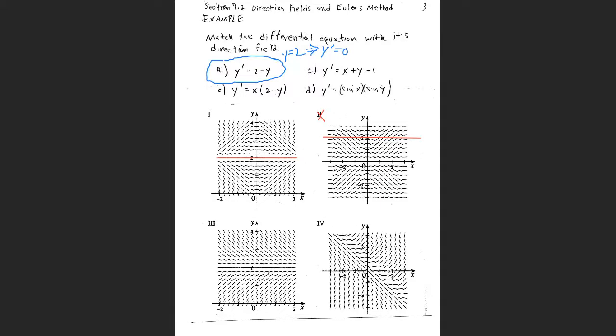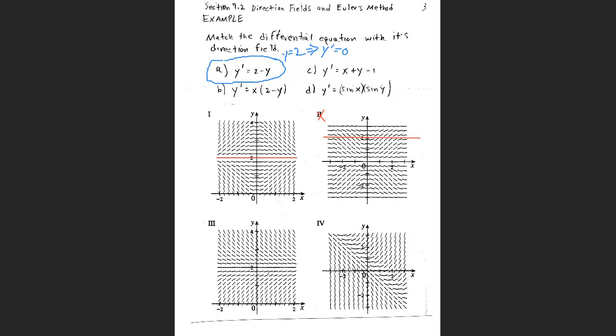We have to take our time with these problems because, of course, in WebAssign, they like matching, so you only get like 1 or 2 tries. So basically one is a possibility, but two's out. What about three?